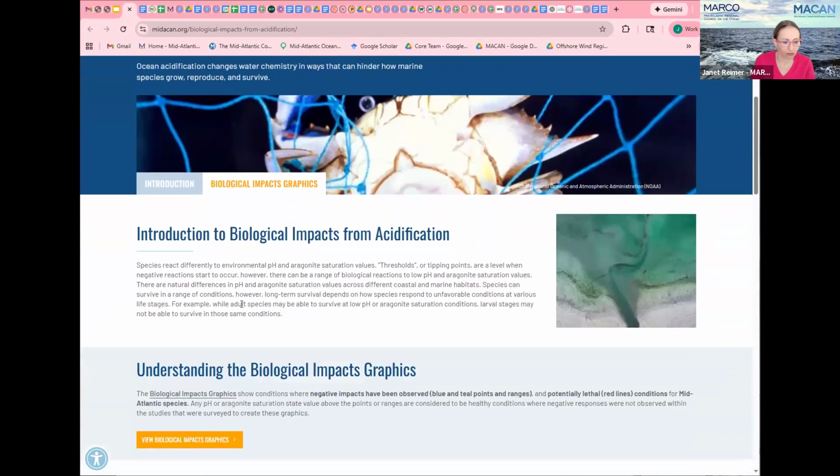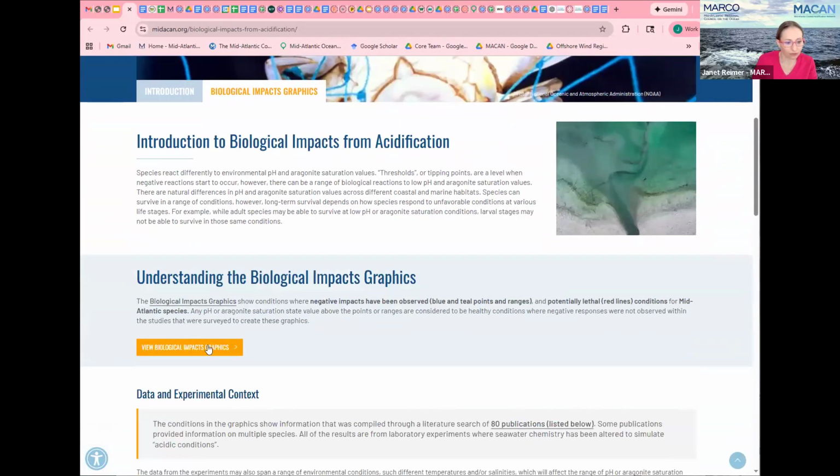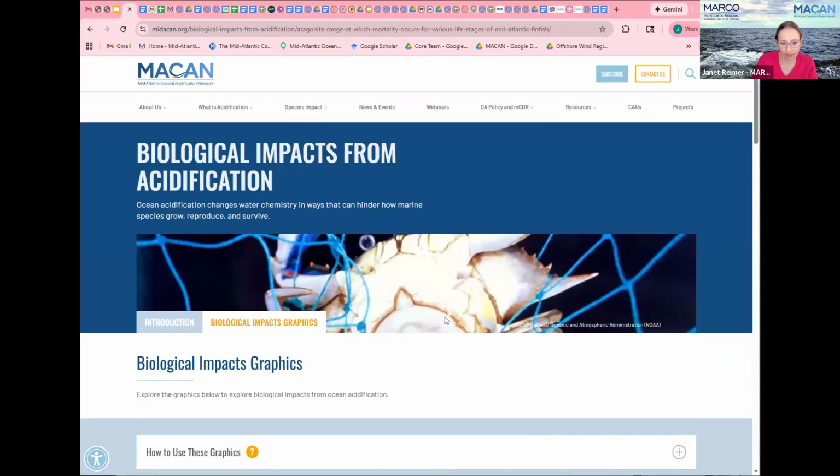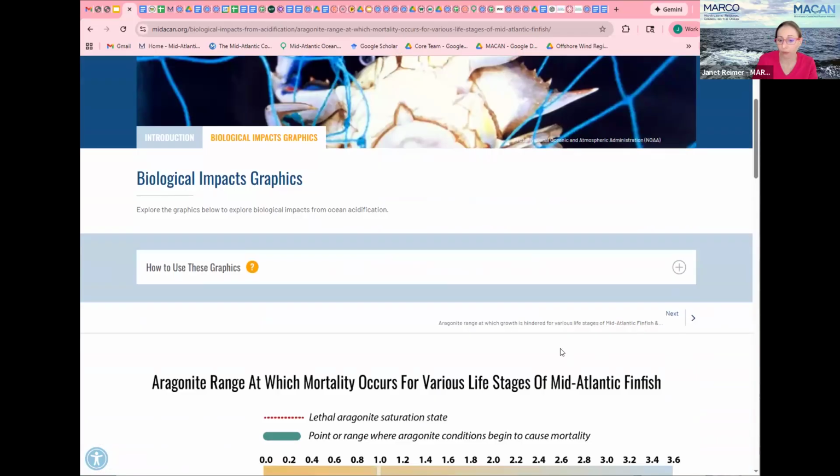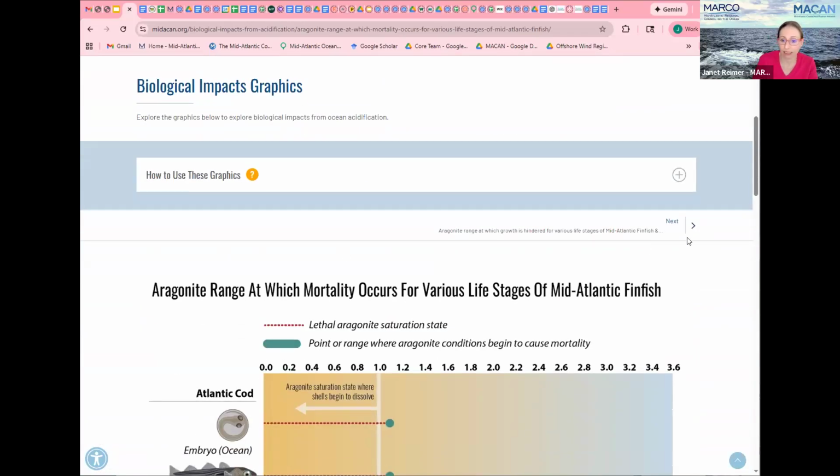There's a lot of information on here about how to understand and use these graphics and how they were put together. But today I'm going to take you directly to view the graphics under this button here for View Biological Impacts Graphics and walk you through one of the ones on pH.